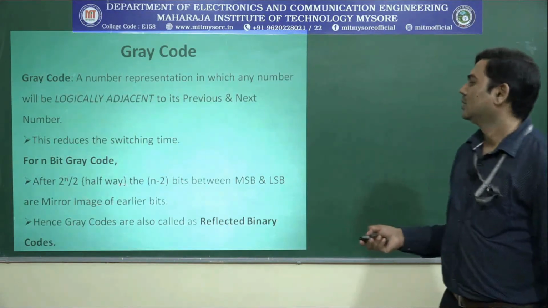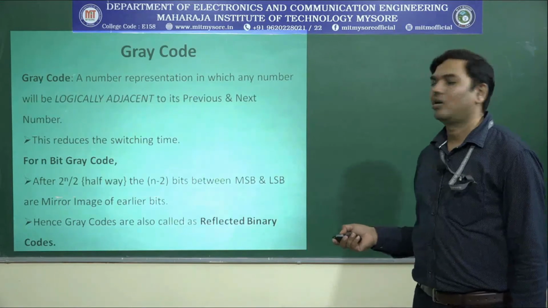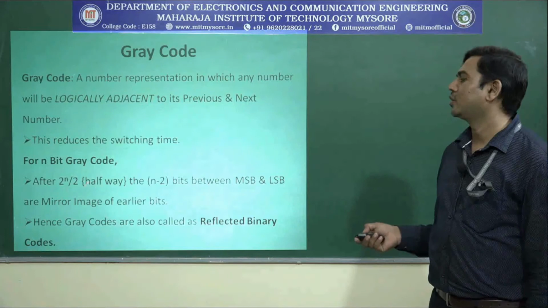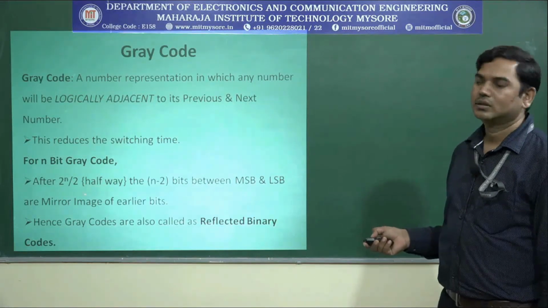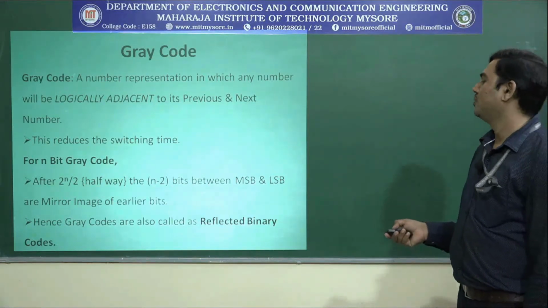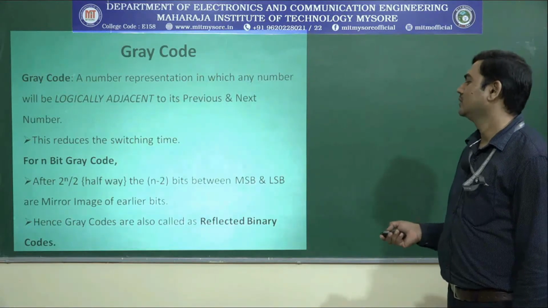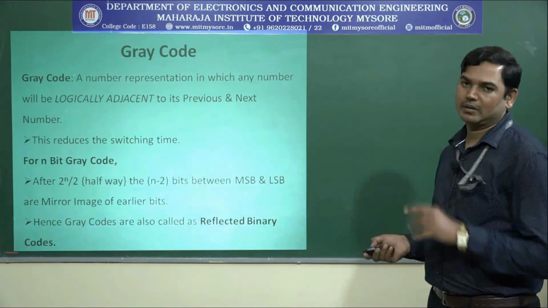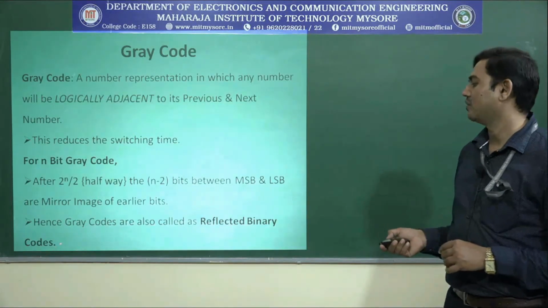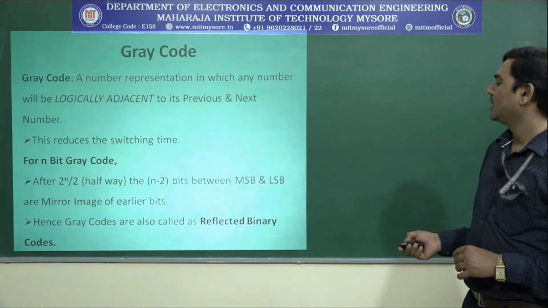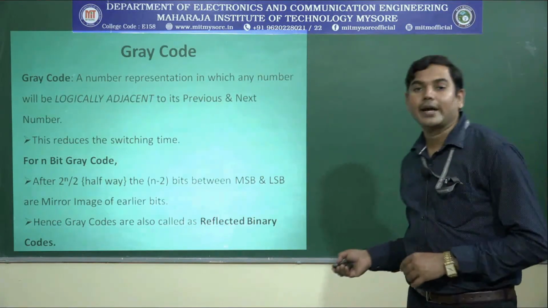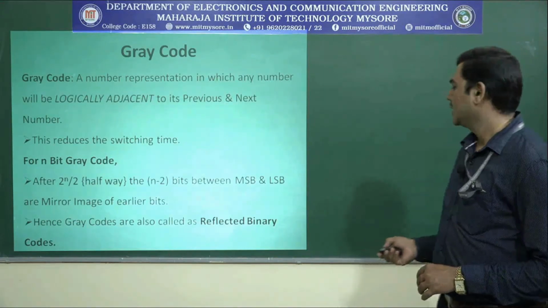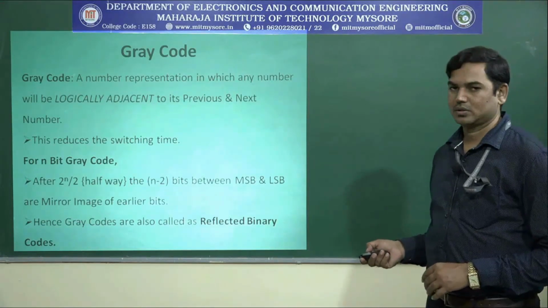So, here are further observations of gray code. After 2 to the power n by 2, after halfway, the n minus 2 bits between the MSB and LSB will be a mirror image of the earlier bits. What is meant by that? We will just have a look. Why is gray code also called reflected binary code?